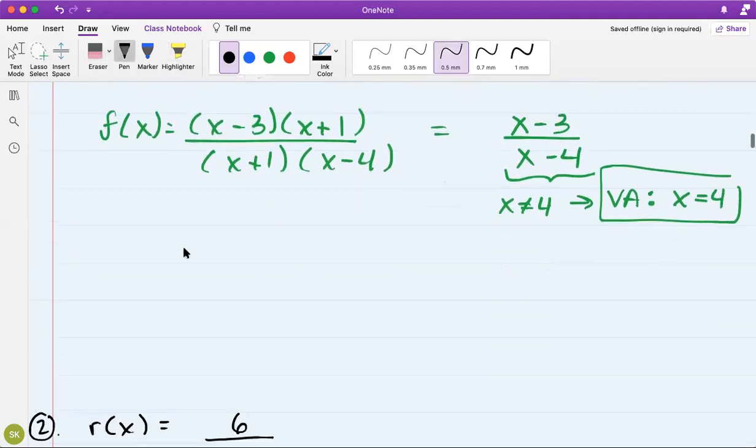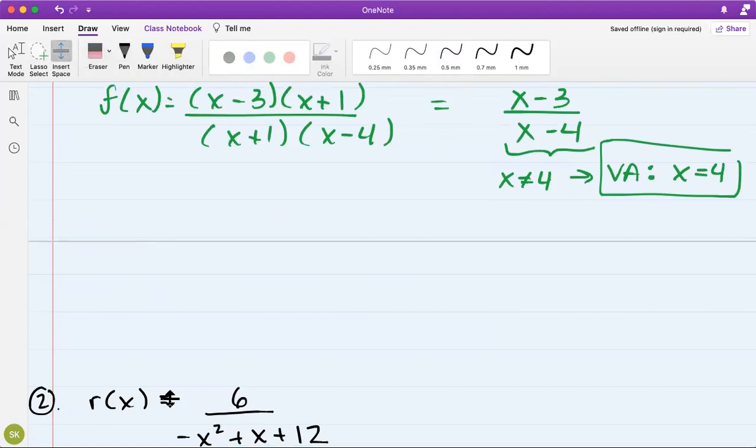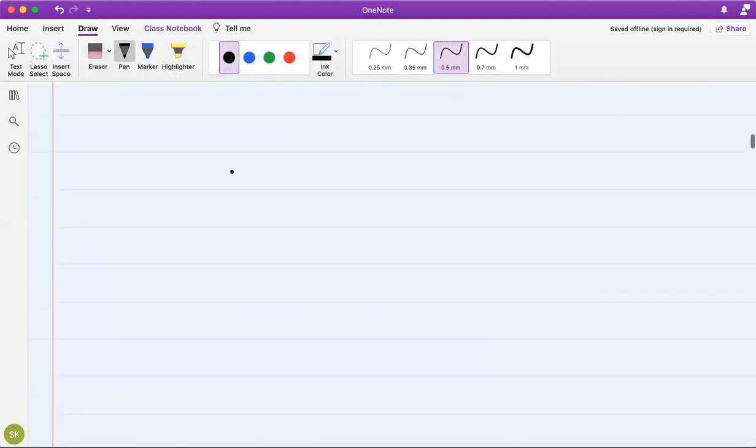Okay, so how can we tell if we have a horizontal asymptote? So let me just make some space here.